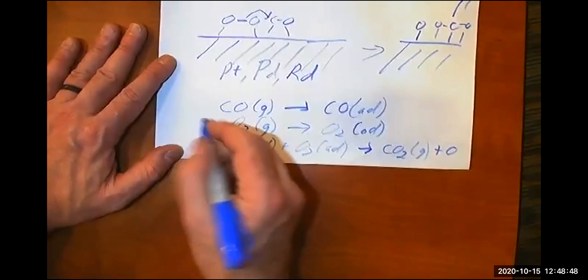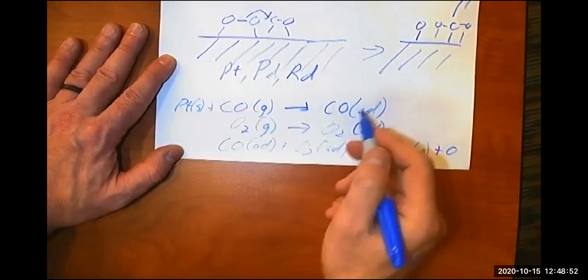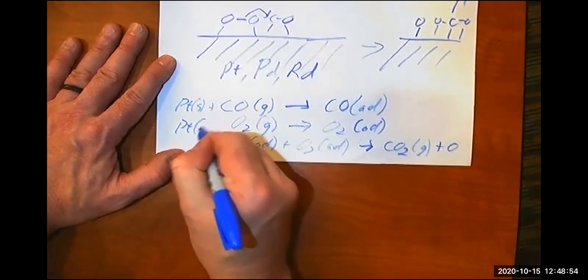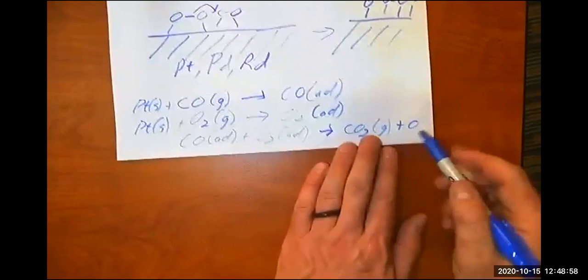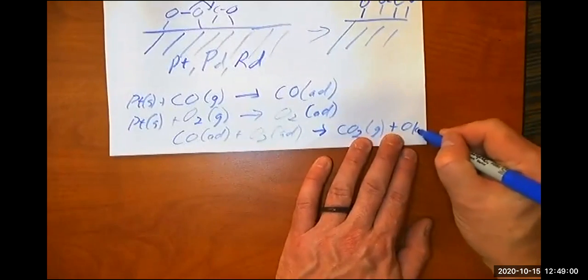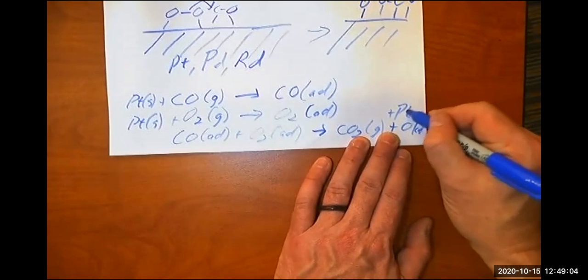You could even write it in a way where this is saying platinum solid plus that yields the adsorbed version. And then when something leaves as the gas, then you're getting back a bare piece of platinum.